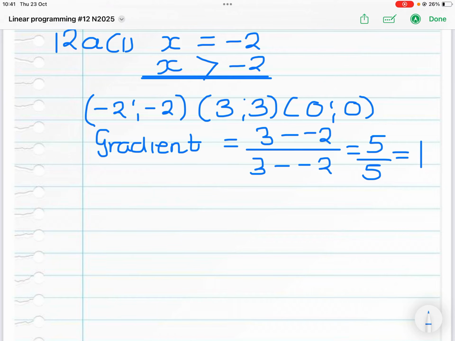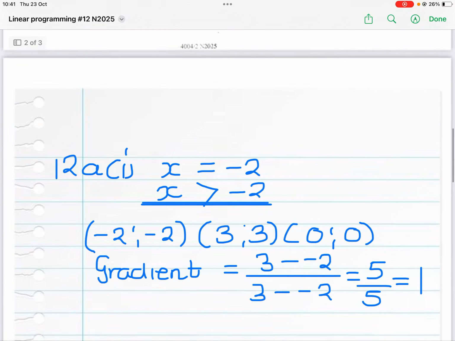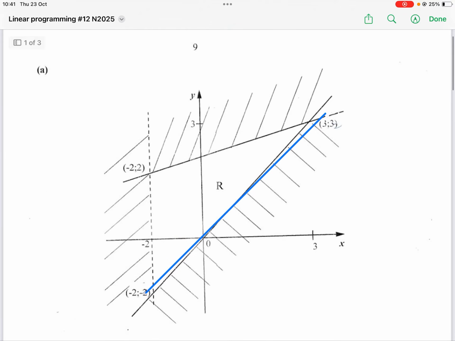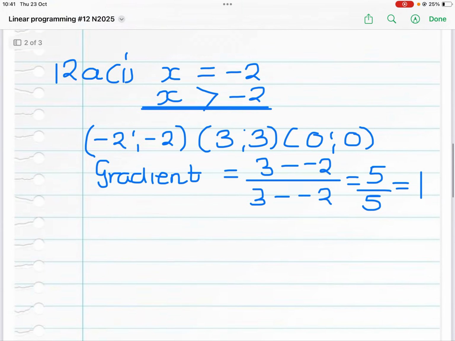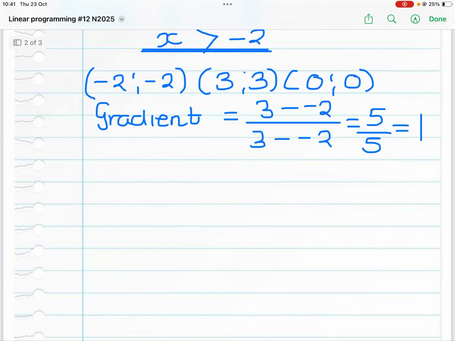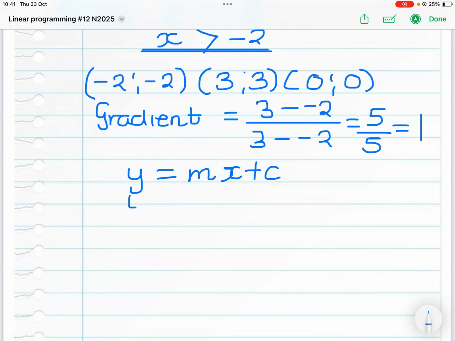Let me check again. We are having -2, -2, and also 3, 3, right? And then after that, we obtained our gradient as +1. And then we need to interpret the inequality. We are saying y is equal to mx plus c.